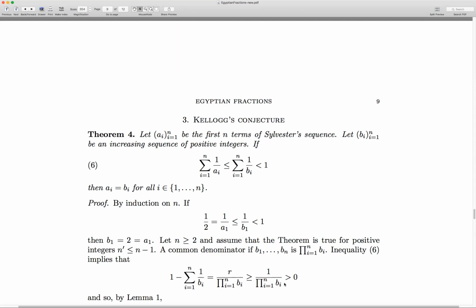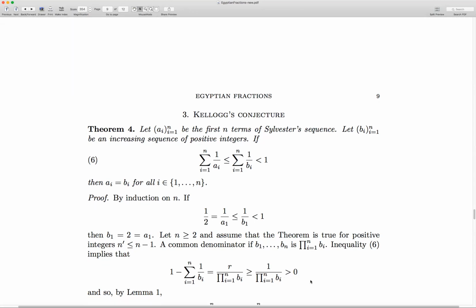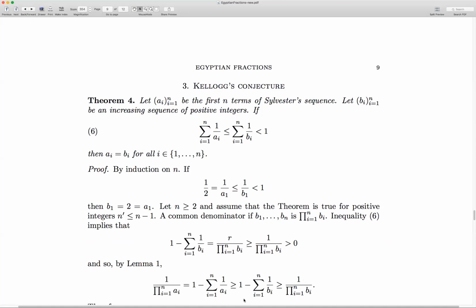So that's observation number 1. But we also showed when A is the Sylvester sequence, that 1 minus the sum of the first n a's is exactly equal to 1 over the product of the first n Sylvester numbers.